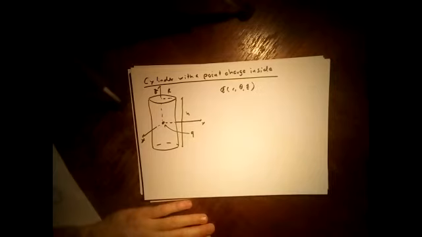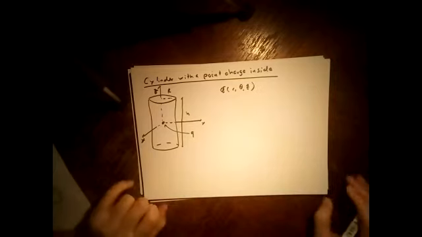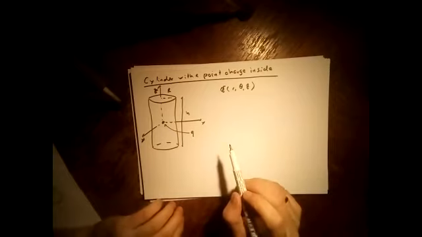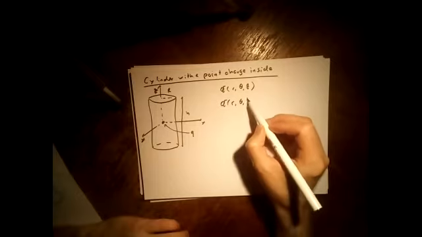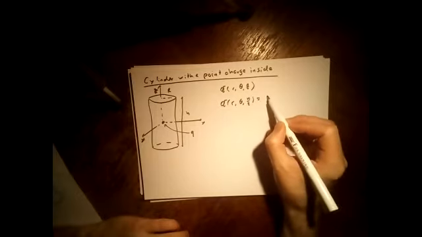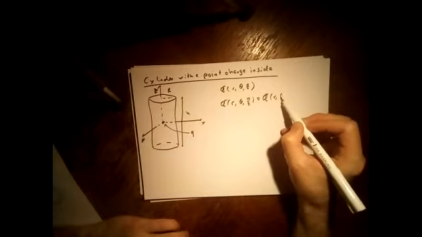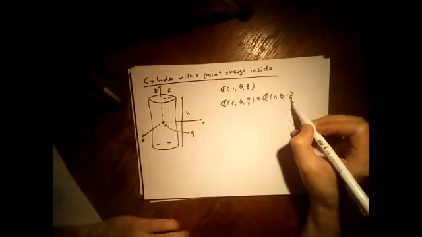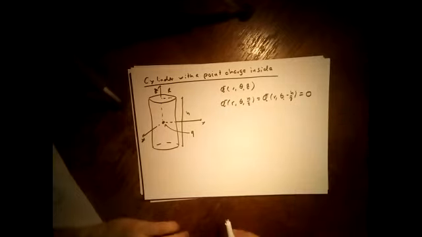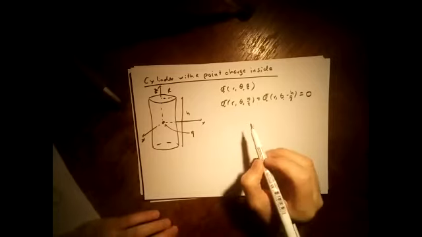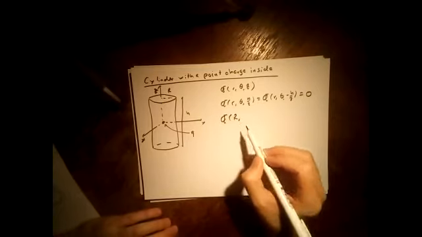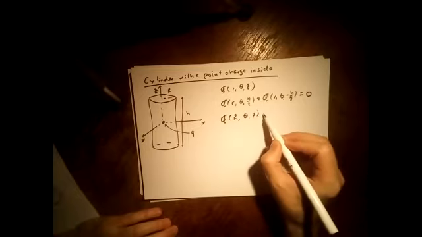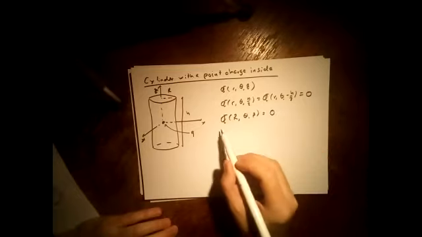The boundary conditions are phi(r, theta, h/2) equals phi(r, theta, -h/2) equals 0. That's one boundary condition, and another is that phi(R, theta, z) is also equal to 0.